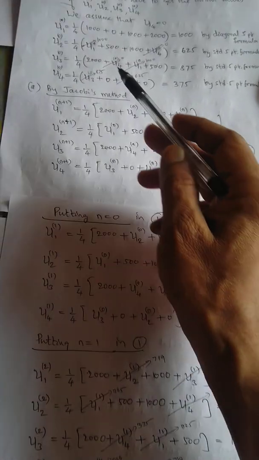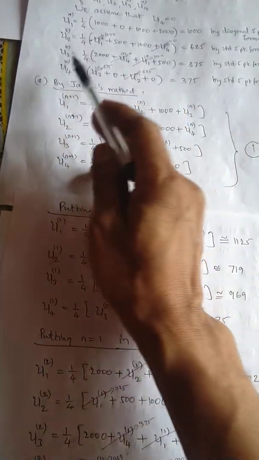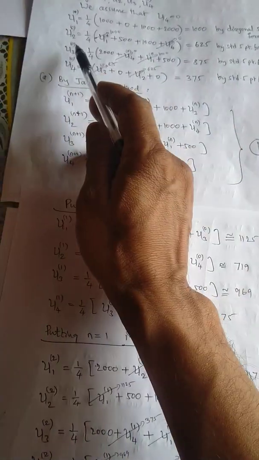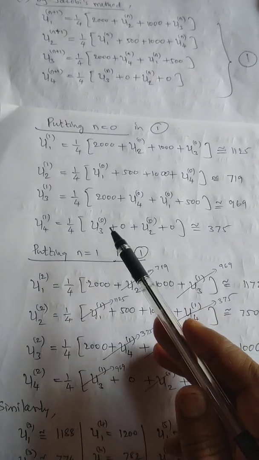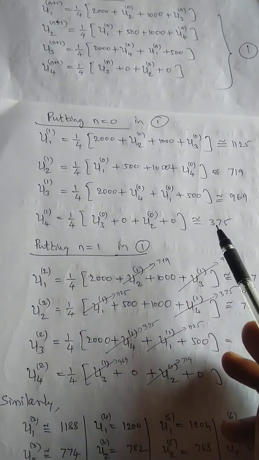U4 naught is 375, U3 naught is 875, U2 naught is 625, U1 naught is 1000. Taking these values in U3 naught and U2 naught, simplifying, 375.